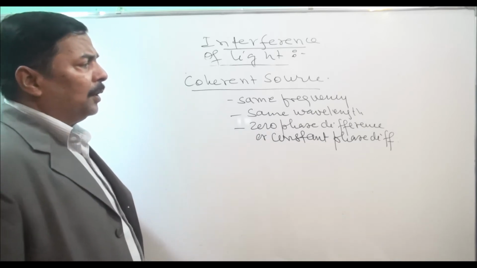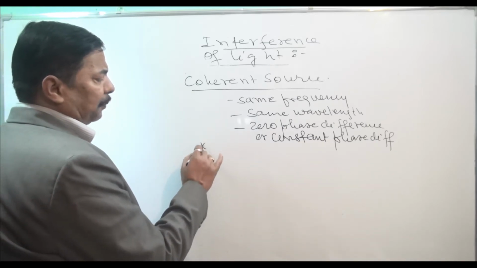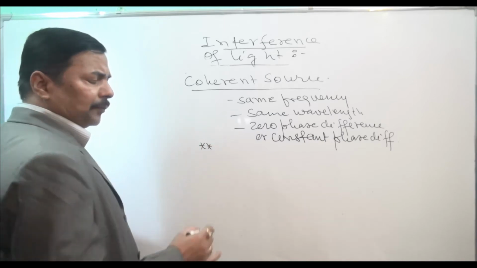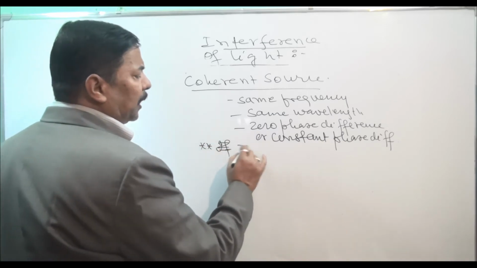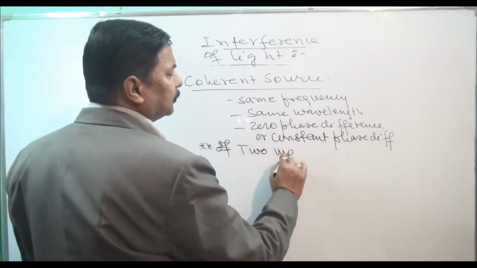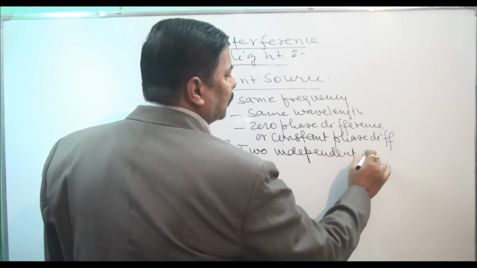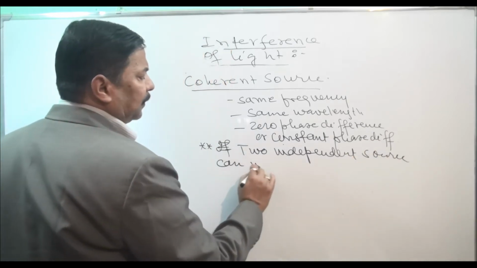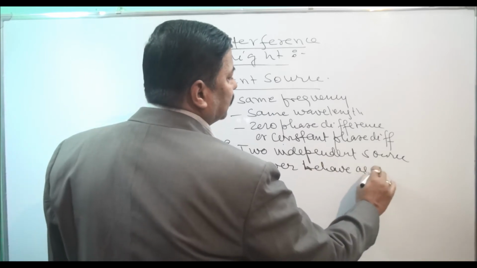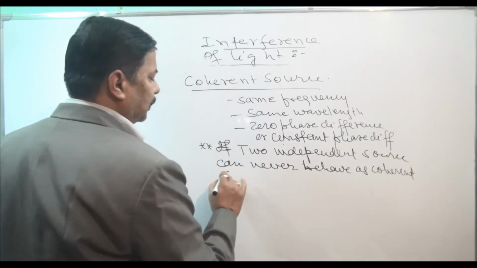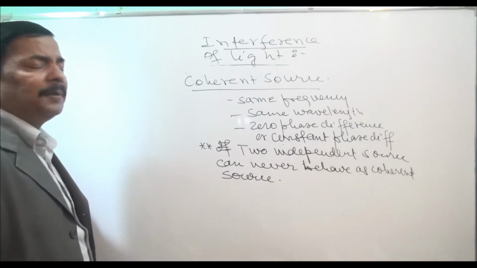Now here you have to understand a point very carefully, that two independent sources can never behave as coherent sources. Two independent sources of light can never behave as coherent sources.